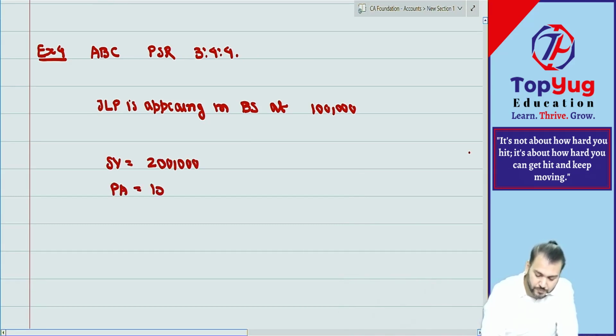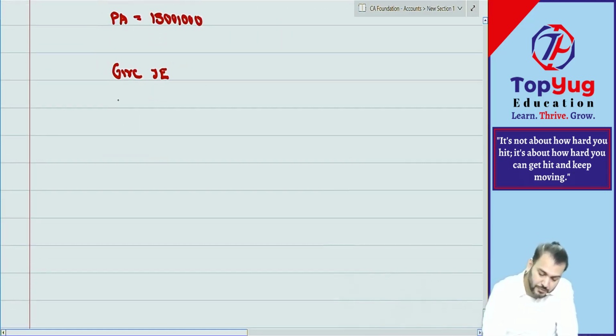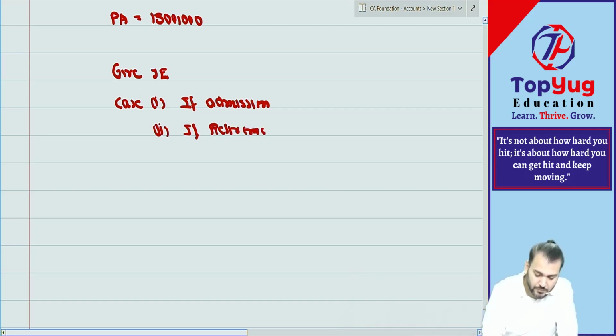Policy amount 15 lakh. Pass the journal entry. Case 1, if admission. Case 2, if retirement. Case 3, if death. Understood? Do it.